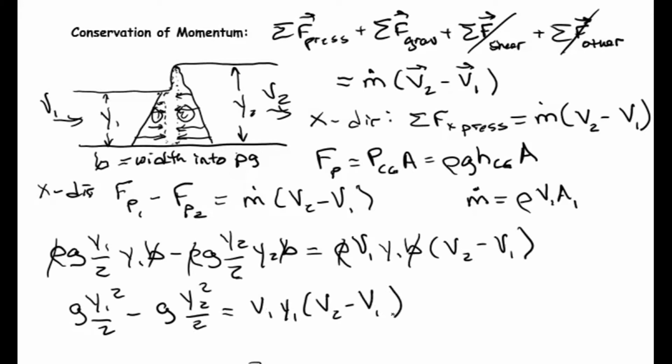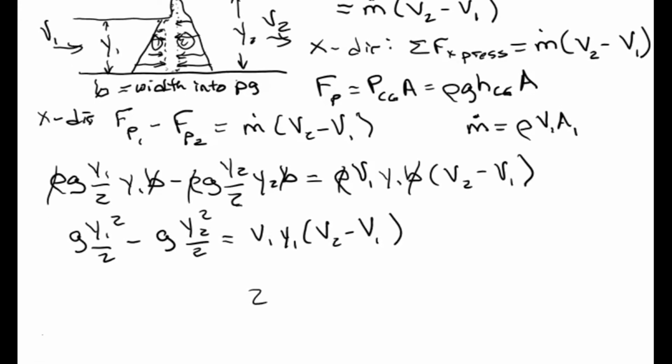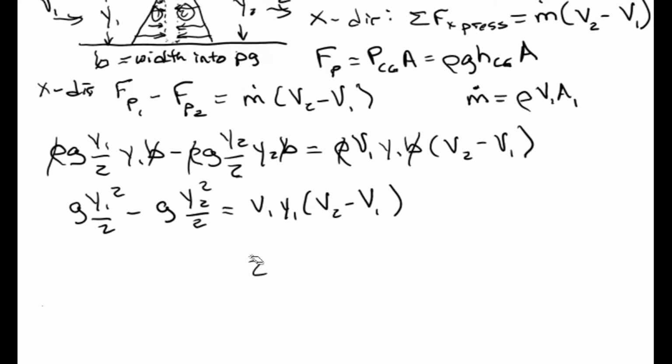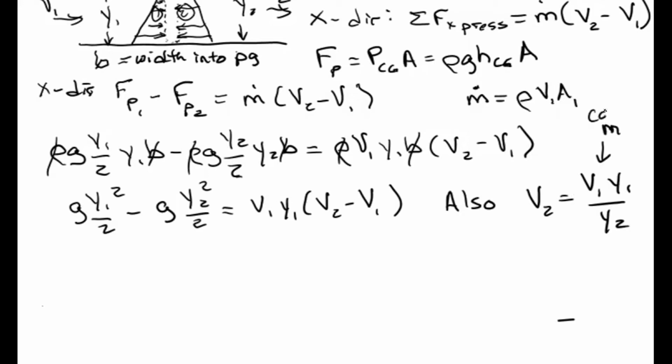All right. What we can do then is rearrange this, and the other thing we can do is use our conservation of mass. So we already know that V2 is equal to V1 times Y1 over Y2 from conservation of mass. So I can substitute that in for V2.